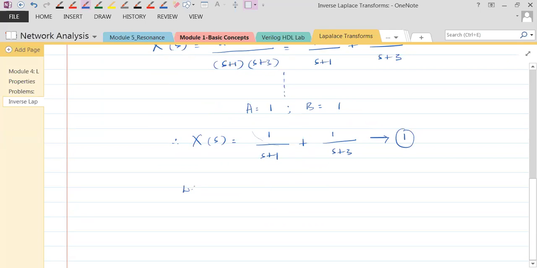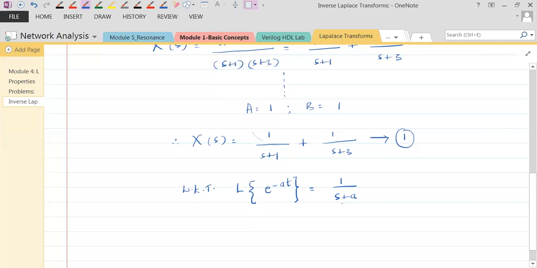We know that the Laplace transform of e power minus at is 1 by s plus a.